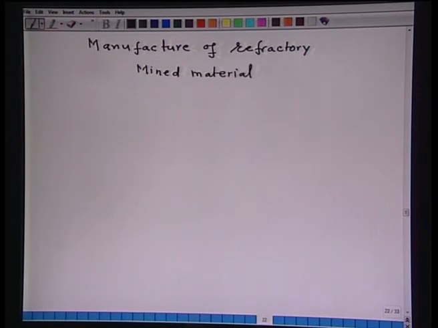coming from run of mine is subjected to a grinding operation for the smaller particle size, and then the ground material is subjected to pretreatment, and this is a very, very important stage.